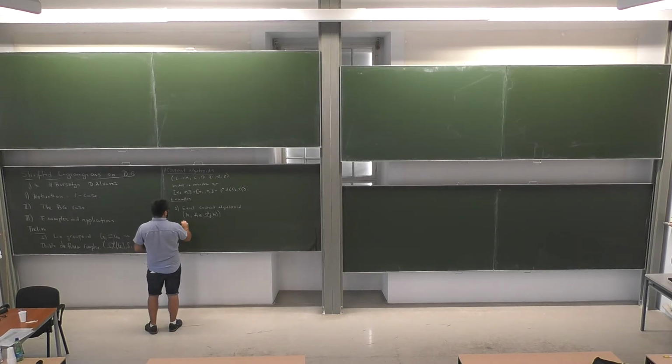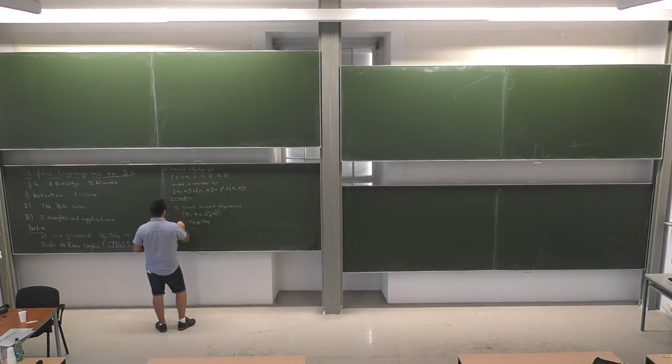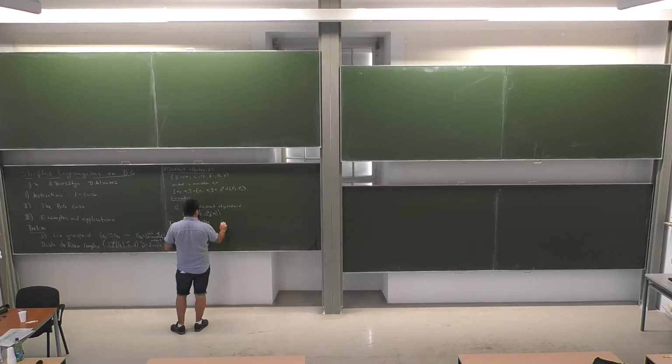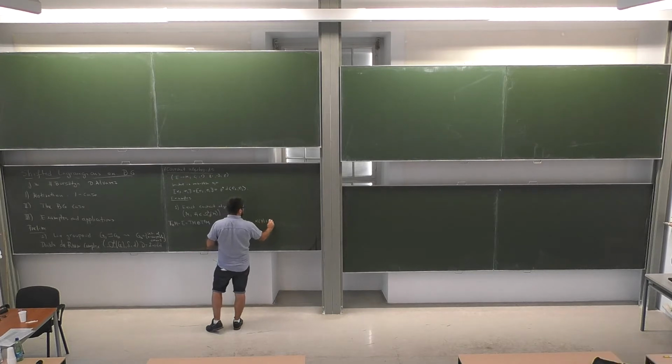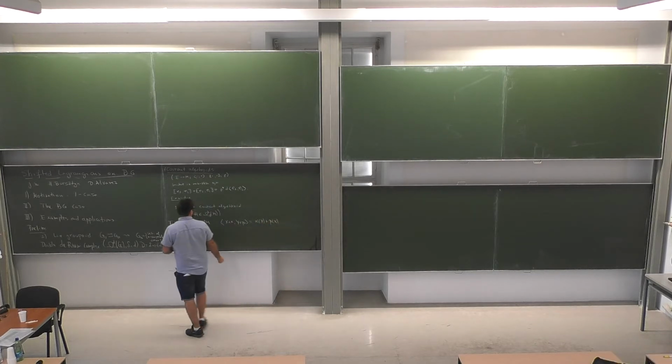Therefore, my vector bundle is T plus T star M. And this Courant algebroid, I will denote it in this way, T_H M. And then the pairing here, <(X, alpha), (Y, beta)>, is just alpha(Y) plus beta(X).